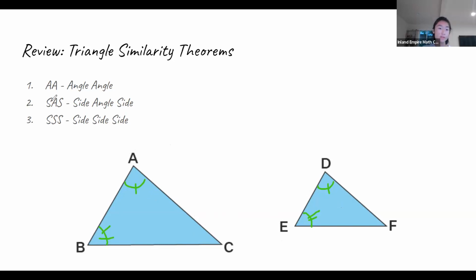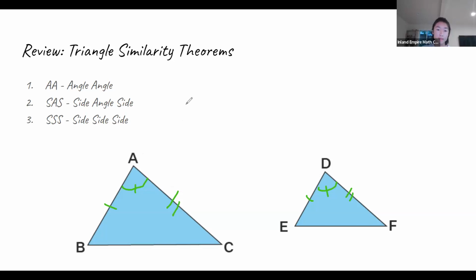All right, another one here, we have side-angle-side. That's saying if we have a side here, another side, and then an angle, and on another triangle we have another two sides and an angle here, then the angles must be equivalent and the sides must be in ratio.